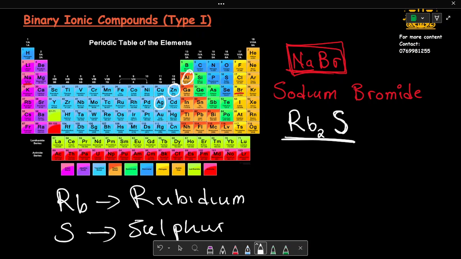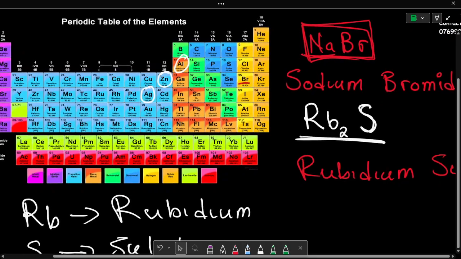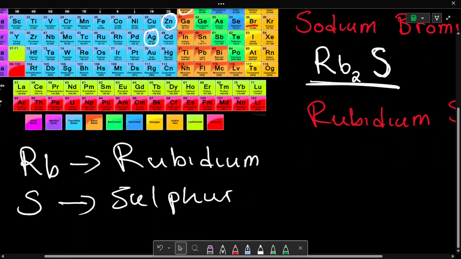So this is going to be rubidium, and instead of saying rubidium sulfur, it looks like I've misspelled sulfur.